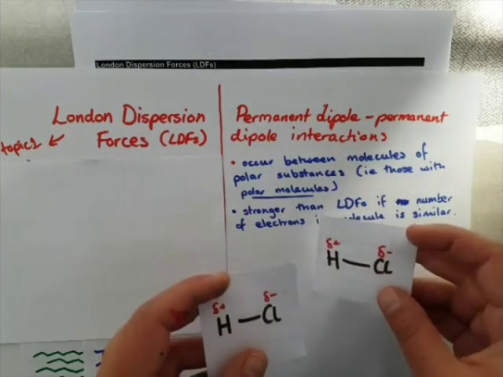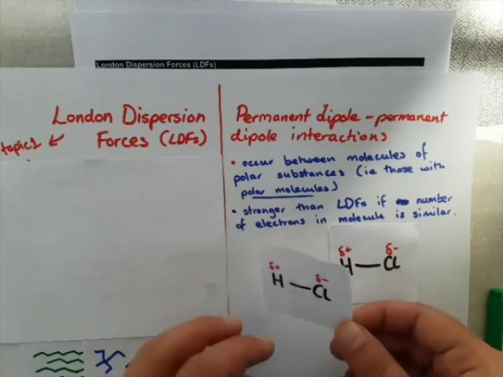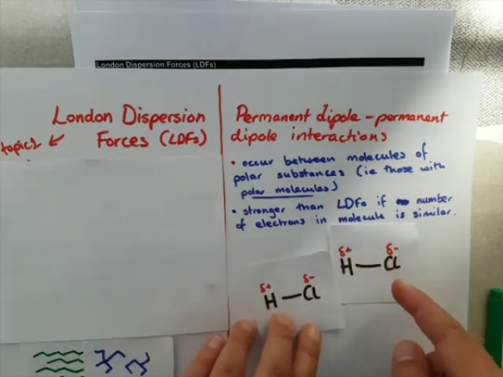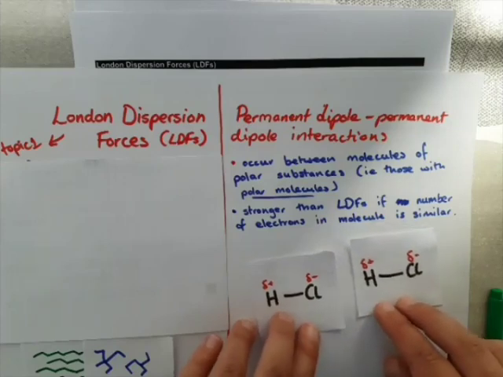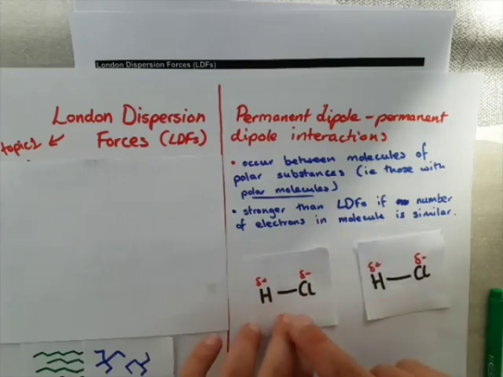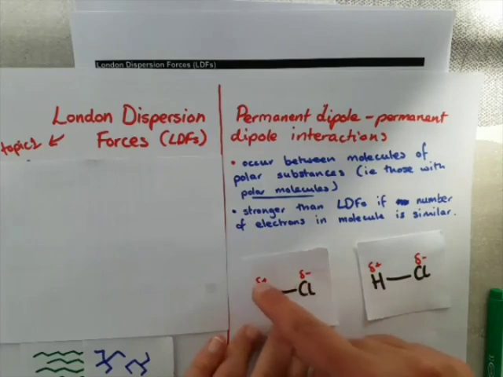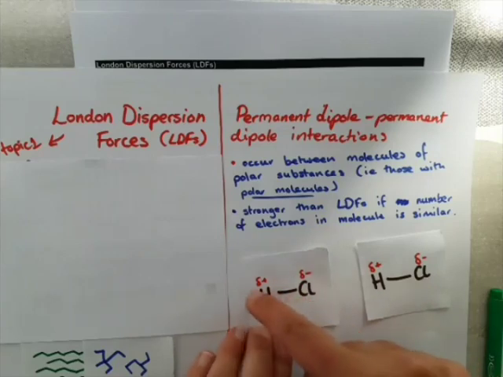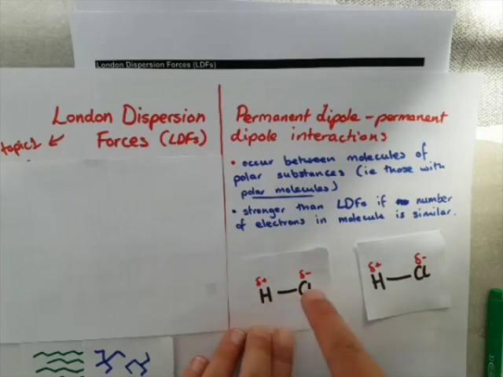So when we have a difference in electronegativity, which leads to bond dipoles, and then also a non-symmetrical molecule, which leads to a polar molecule, what we end up with is permanent dipoles within the molecule. So in the molecule of hydrogen chloride, the hydrogen is going to be permanently slightly positively charged. The chlorine atom is going to be permanently slightly negatively charged.